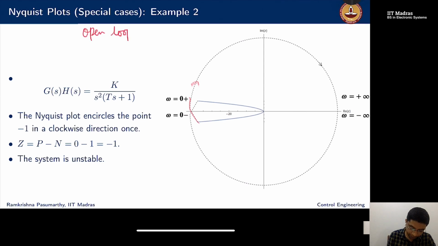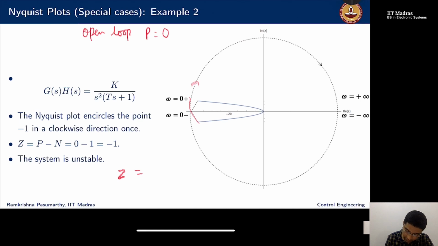Looking at the open loop, there are no poles on the right hand side. So Z equals, okay, this should be two encirclements, right?